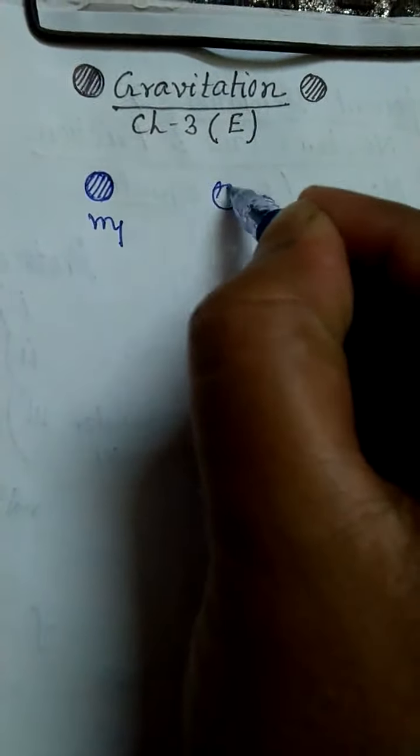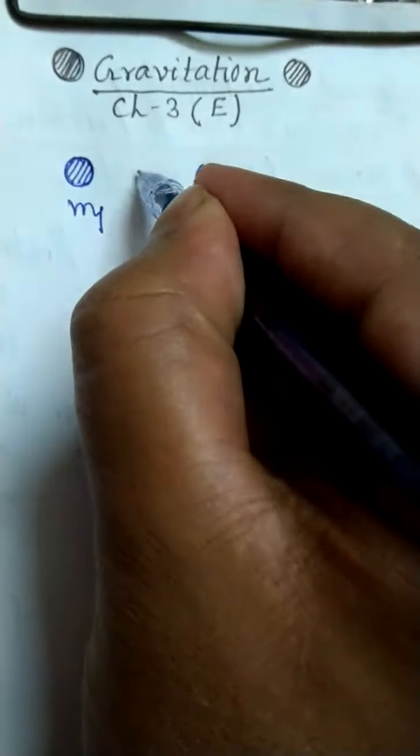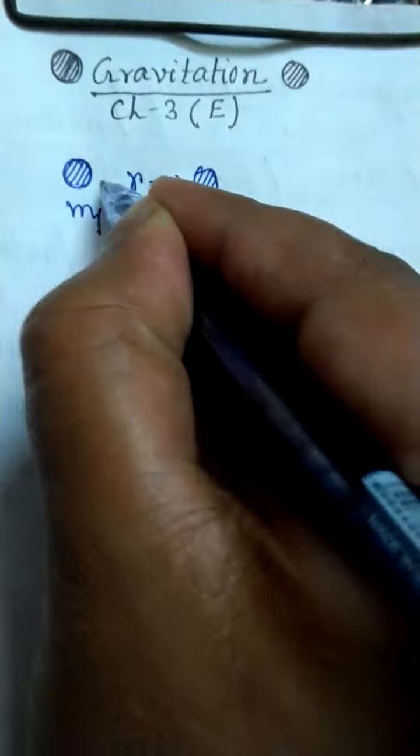First of all, let us know what this law of gravitation is. Let's say this is a mass of value m1, and another mass of value m2, and let's say they are separated by a small distance, or any distance r.